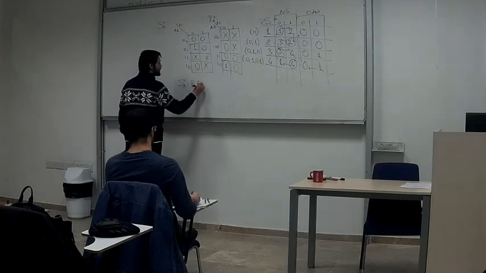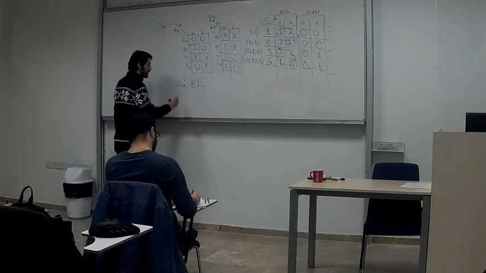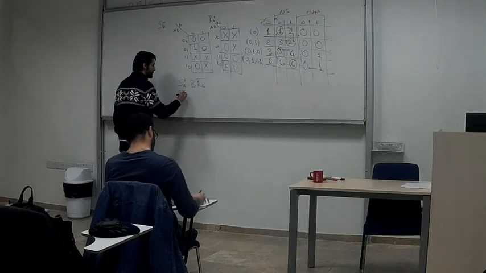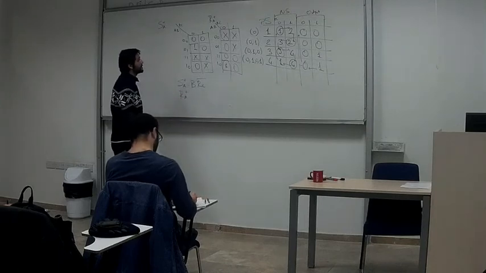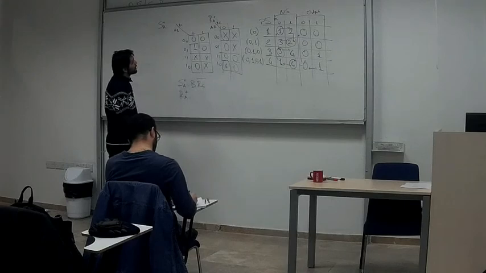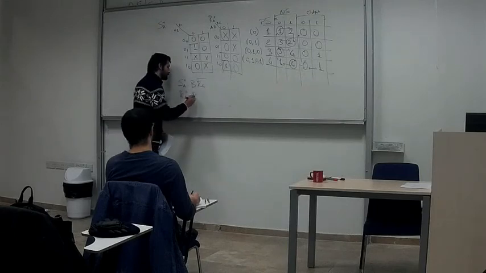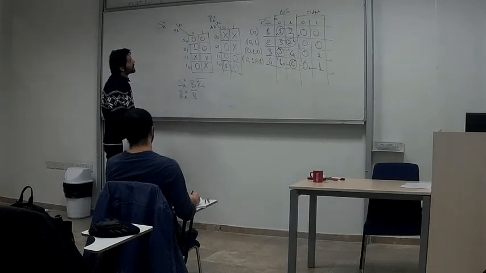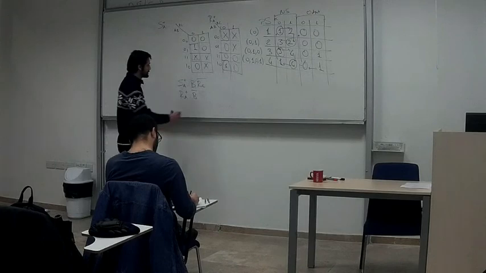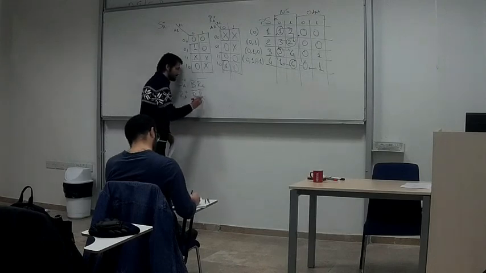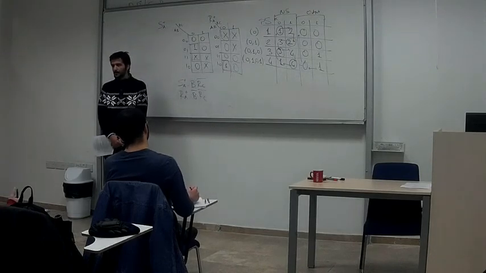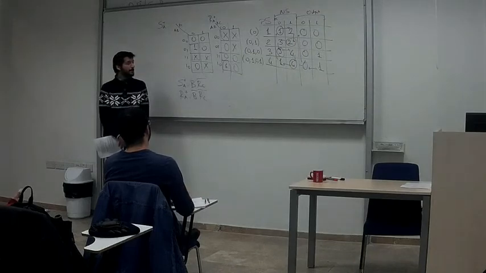B, RC bar. And RA plus is going to be B bar and RC bar. You can do likewise for SB and RB, and that's it.